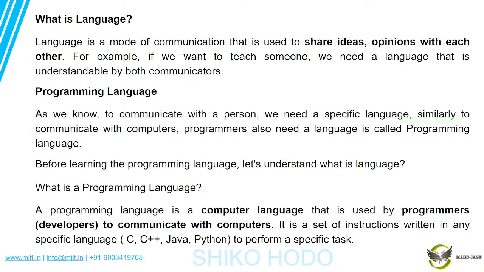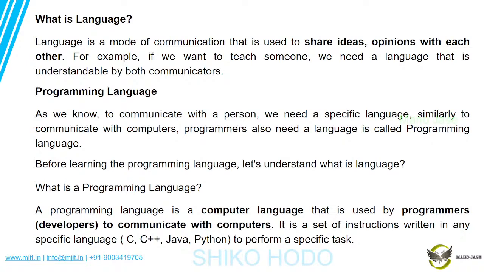And for computers, there is a programming language. If you are a person and you want to communicate with the computer, you can do so by using a programming language. It will understand easily because it was built using a programming language. And what is a programming language?